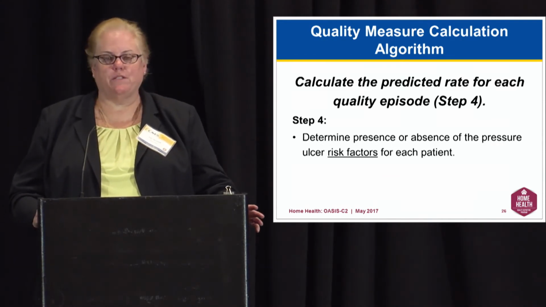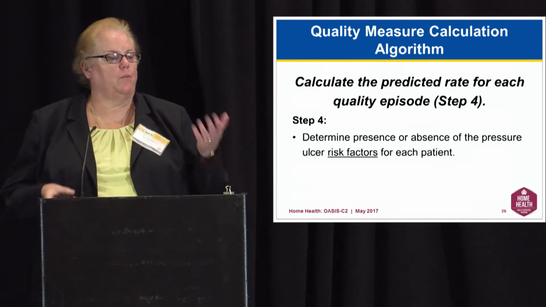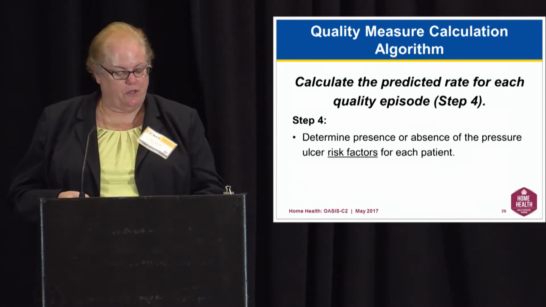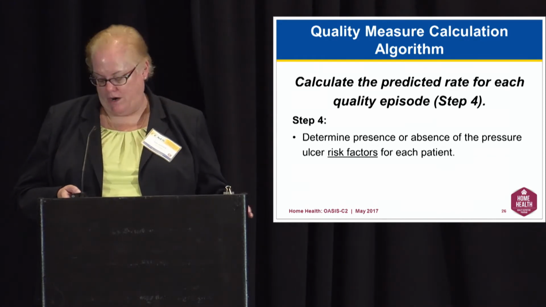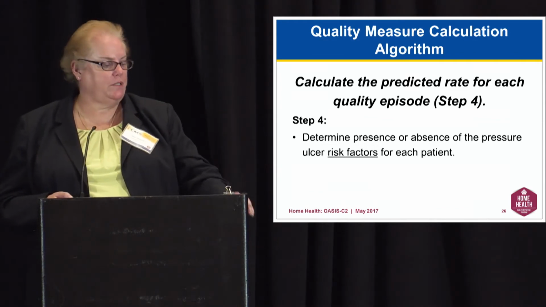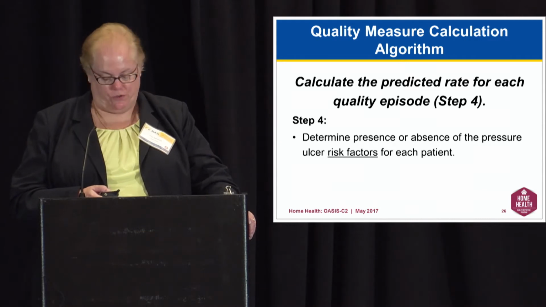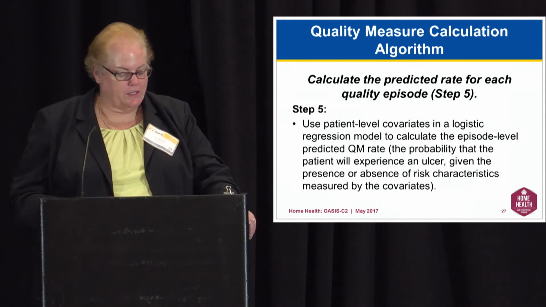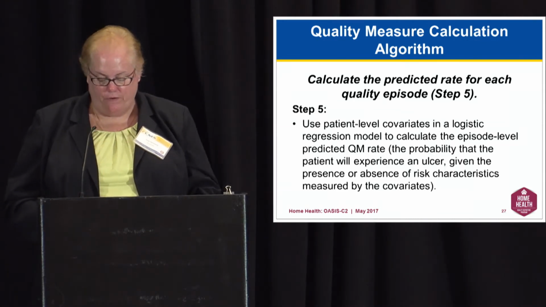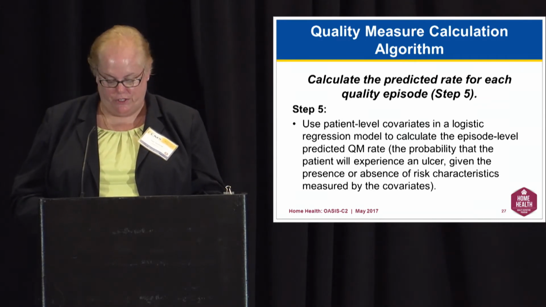We're going to learn more about it tomorrow, but remember when they talked about some of the weighting of it? So certain patients are at a higher risk versus lower risk of developing new or worsening pressure ulcers. Then step 5 is use the patient level covariates in a logistic regression model.